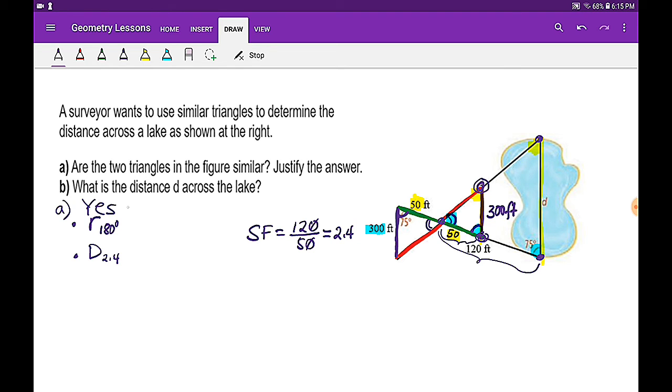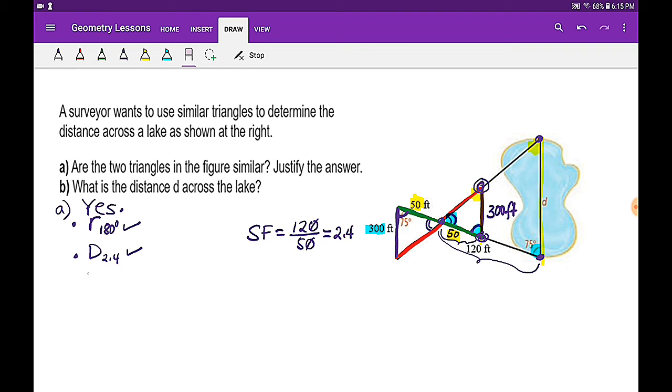Yes, they are. Because we have a composed transformation that involves a rigid motion, the rotation, and a dilation. So let's tell our story.